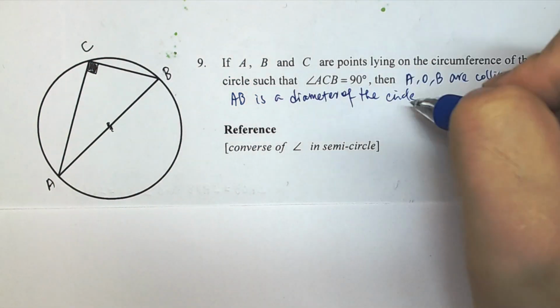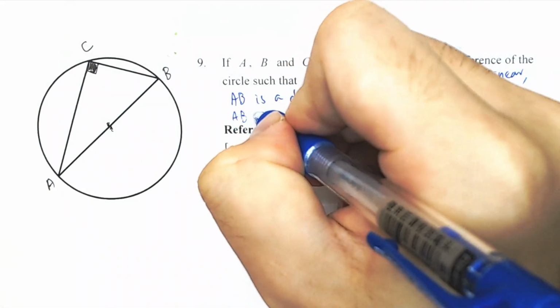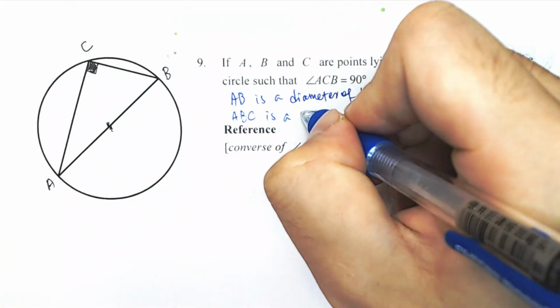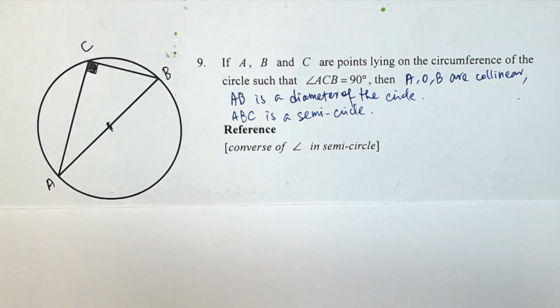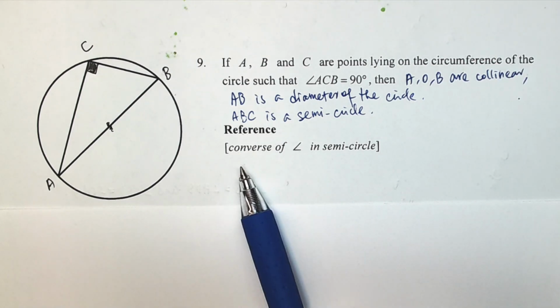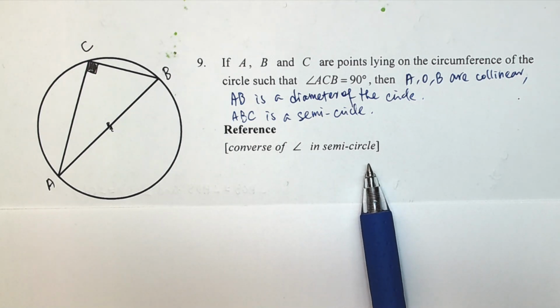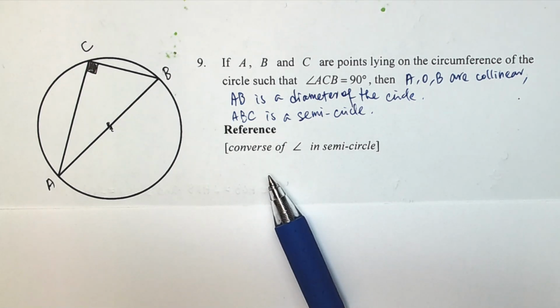We can also say that ABC is a semicircle. It's about the geometric relation between ABC or AB with the circle. So when you want to use this kind of result, you need to quote the reference: converse of angle in semicircle.